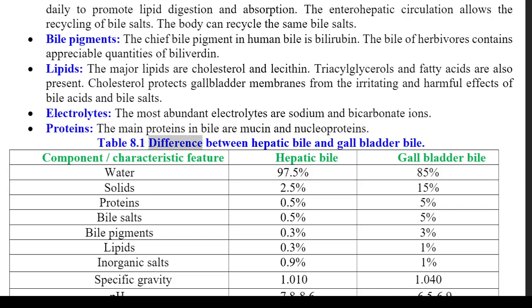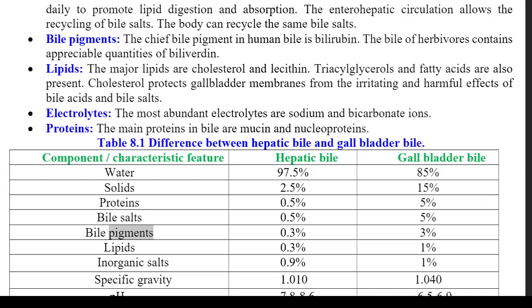Table 8.1 Difference between hepatic bile and gallbladder bile. Component/characteristic feature. Hepatic bile, gallbladder bile. Water: 97.5%, 85%. Solids: 2.5%, 15%. Proteins: 0.5%, 5%. Bile salts: 0.5%, 5%.